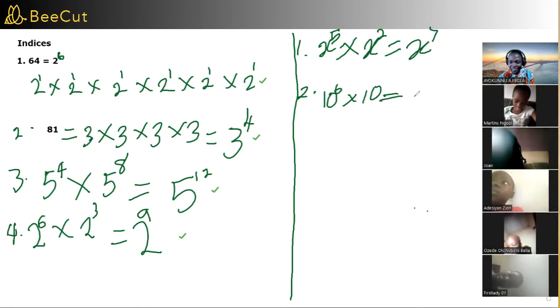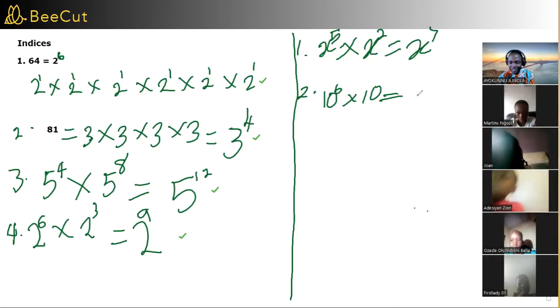Okay, Bella, can you try that? What do you think it would be? 10 raised to power 6 times 10. What do you think it will be, Harry? What do you think the answer should be?